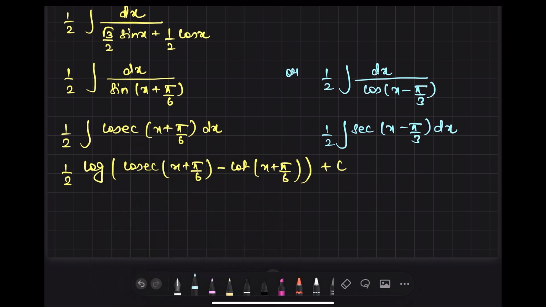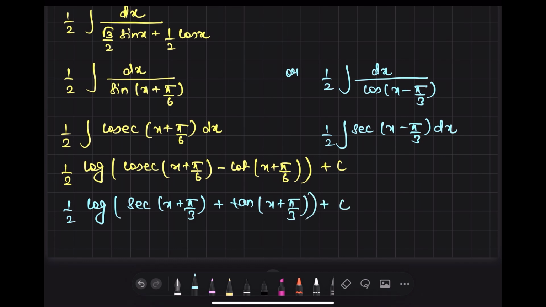Now the second question is what? 1 by 2 log, this is sec x, so the integral of sec x is log|sec x + tan x|. So sec(x + π/6), no, not π/6, π/3, sec(x + π/3) + tan(x + π/3) plus the integration constant c.